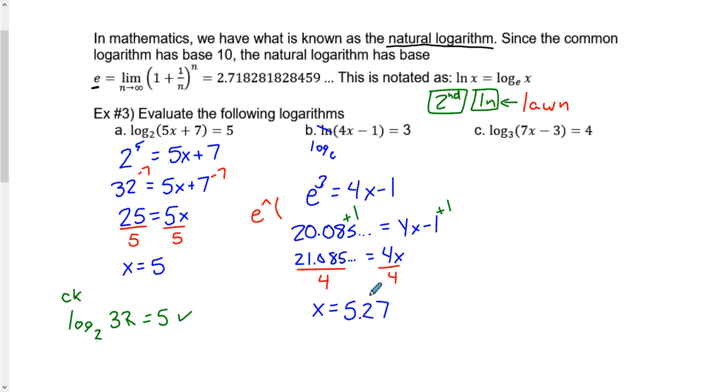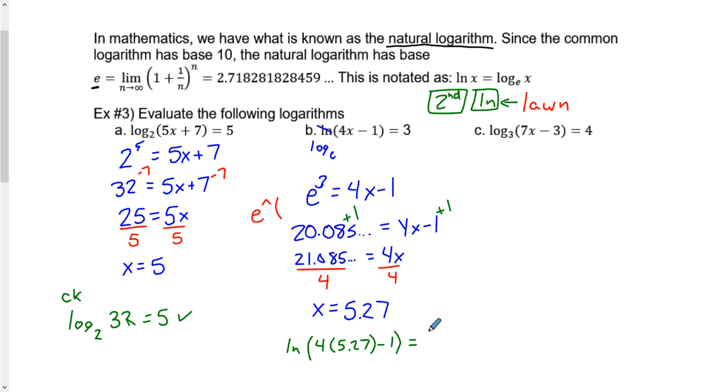So if we wanted to check, this one is actually something that we could type into your calculator because it automatically will do it. If we type in the ln of 4 times 5.27, of course, keep in mind that this is a rounded value, minus 1.